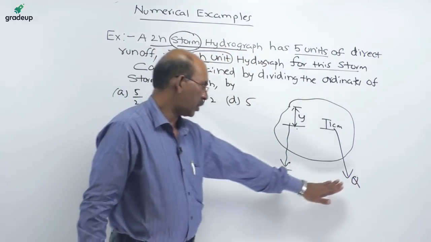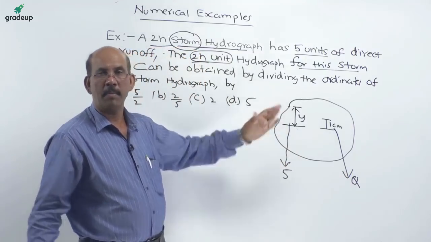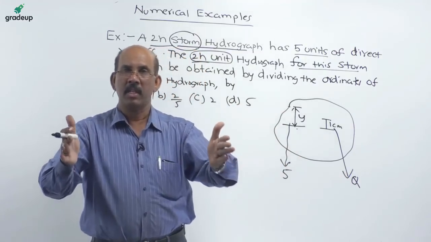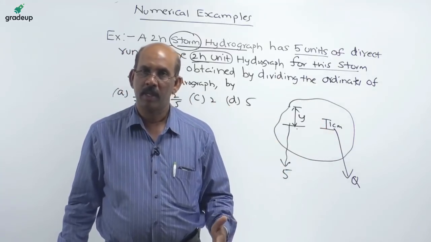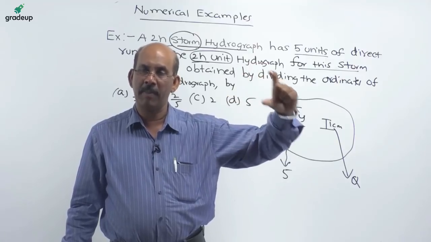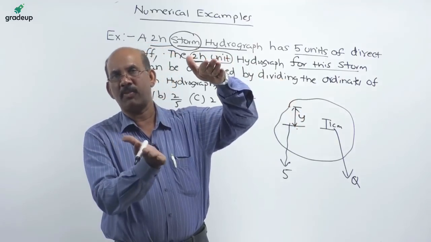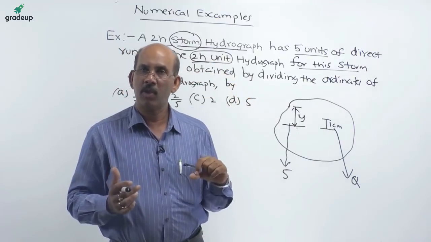The storm or flood hydrograph means the base flow plus the ordinate of the unit hydrograph.